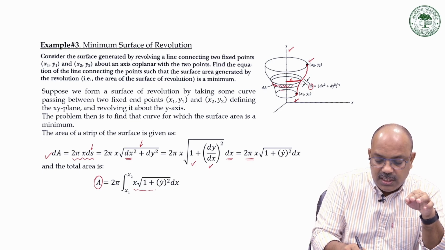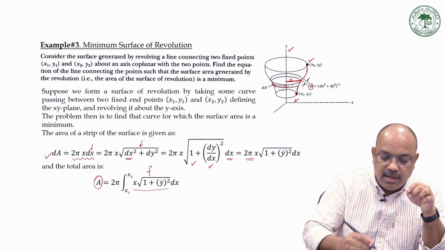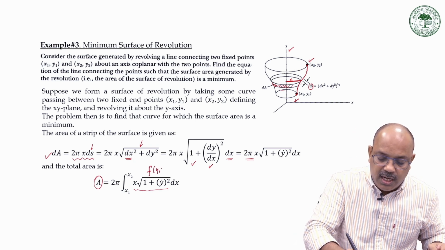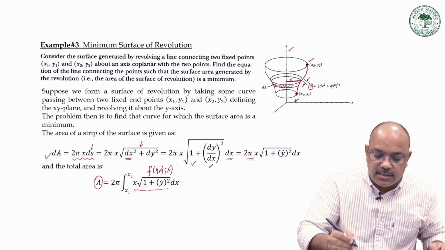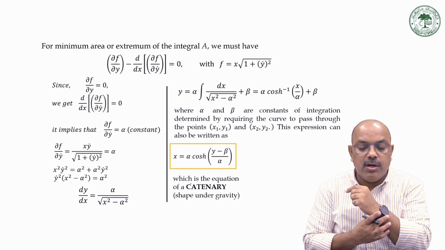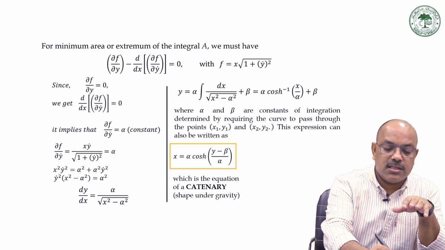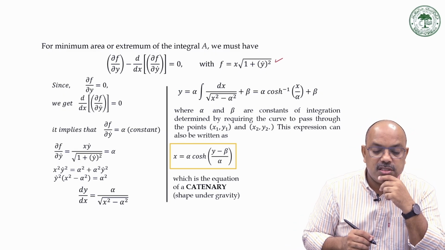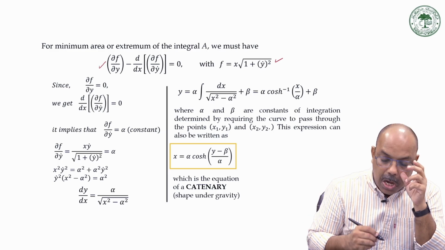Now you can see that this is my functional f, which depends on y dot and x. For this integral to be minimum, the functional x times the square root of 1 plus y dot square must follow the Euler-Lagrange equation.